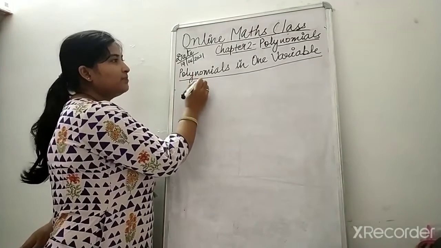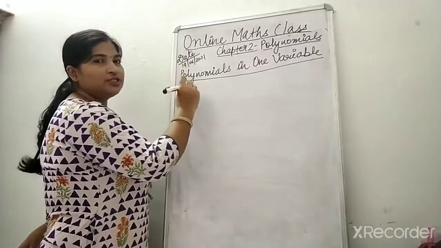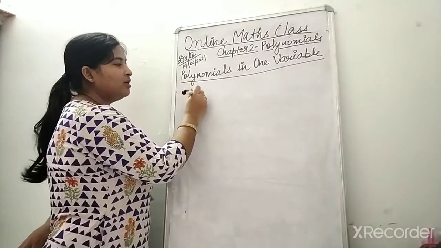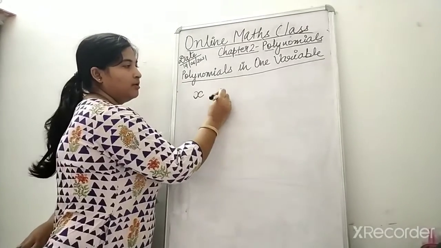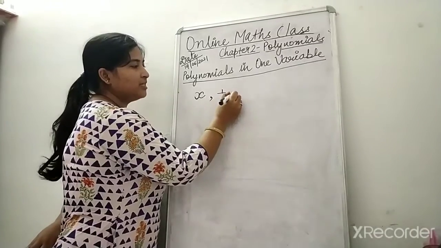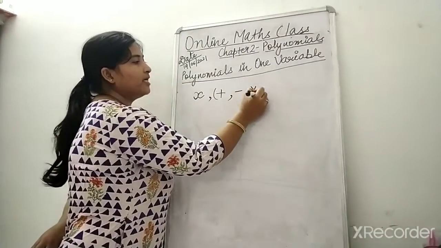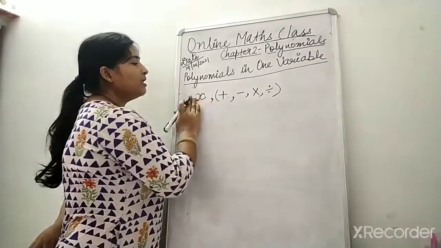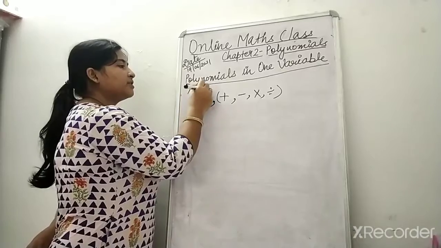So any algebraic expression, an expression which is having what? Variables, operations, which operations? Mathematical operations. What? Positive, negative, multiply and divide. This is the definition of algebraic expression we are doing.